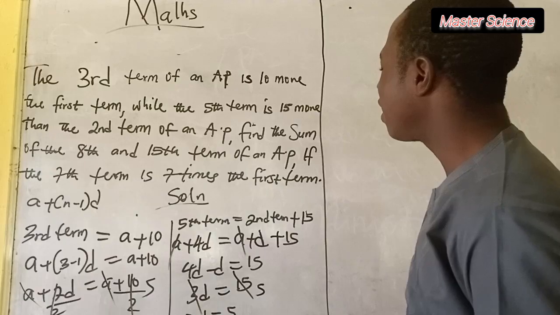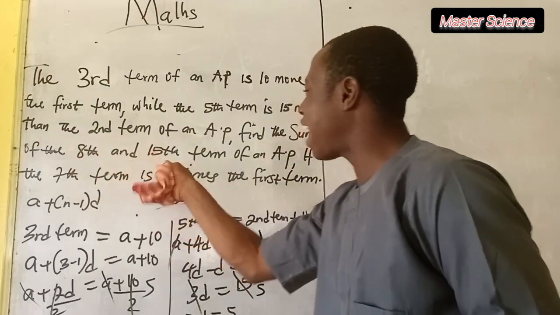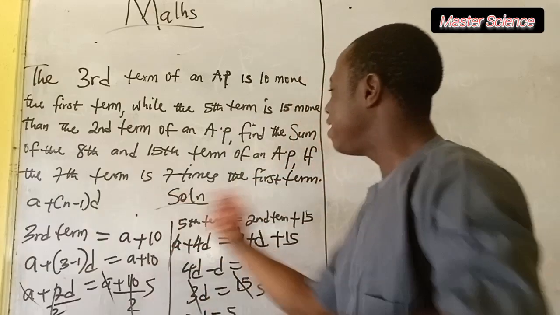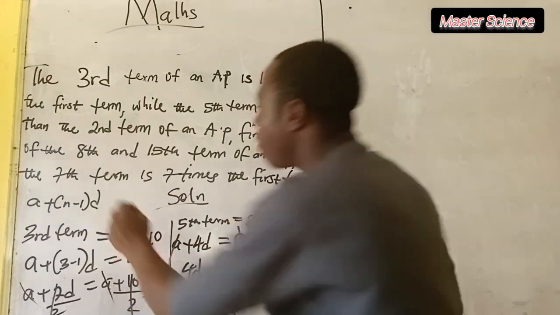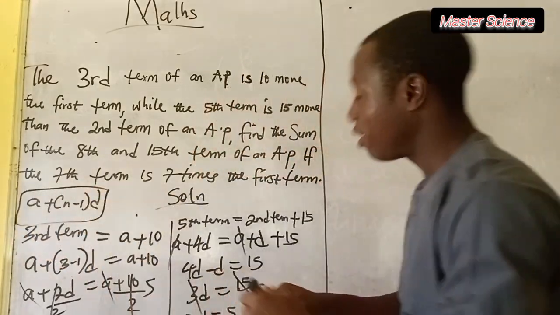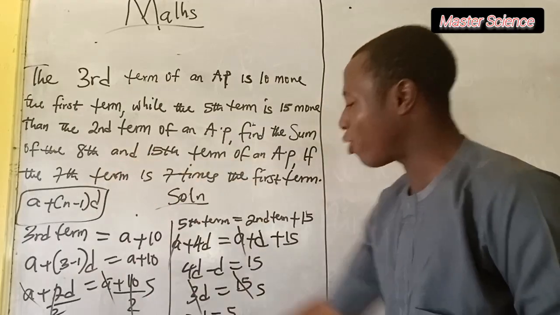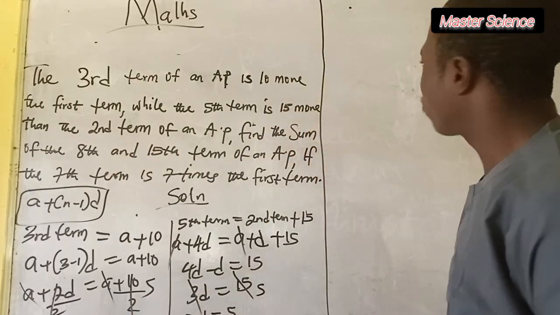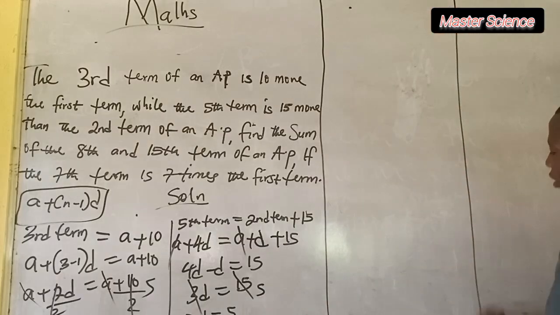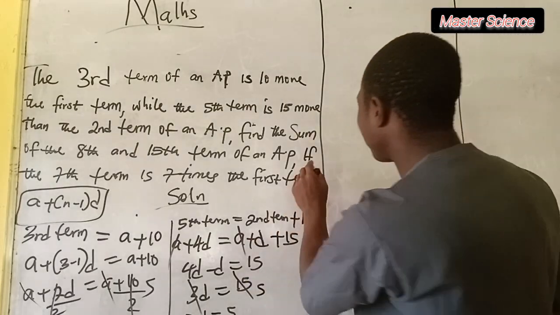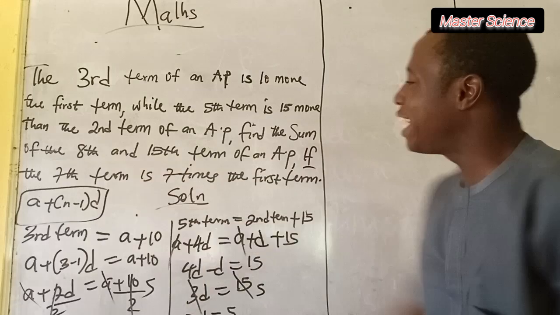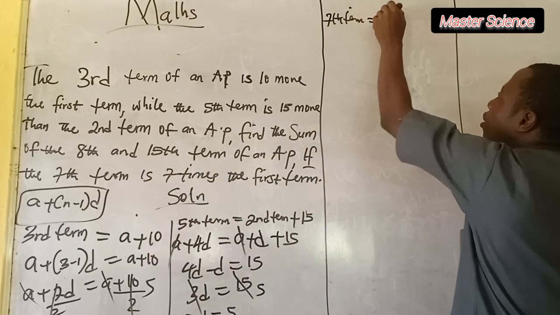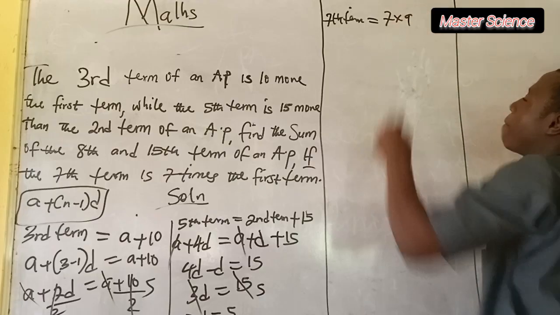I need my A. Again, they say find the sum of the 8th and 15th term of an AP if the 7th term is 7 times the first term. I cannot find my 8th and 15th term if I don't know the first term. I know my common difference, so let me use the last part of the question to solve. The 7th term is 7 times the first term.